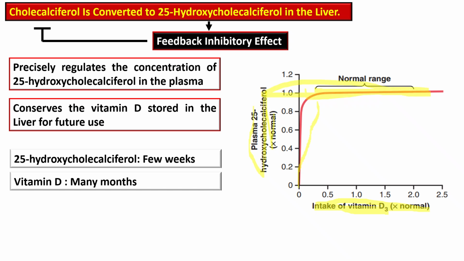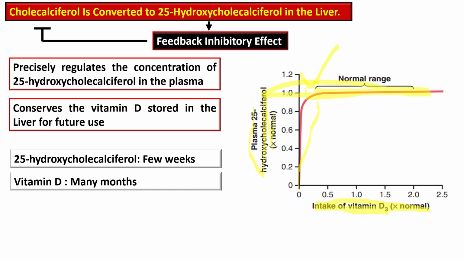So the liver efficiently converts vitamin D3 to 25-hydroxy D3 at low intake levels. However, as intake increases, the conversion slows down and plasma 25-hydroxycholecalciferol level stabilizes, staying within a narrow normal range.